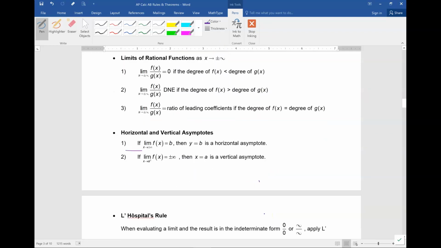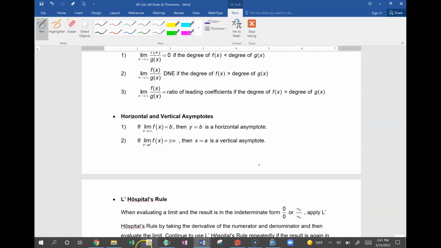Okay, moving along. Let's talk about horizontal and vertical asymptotes.